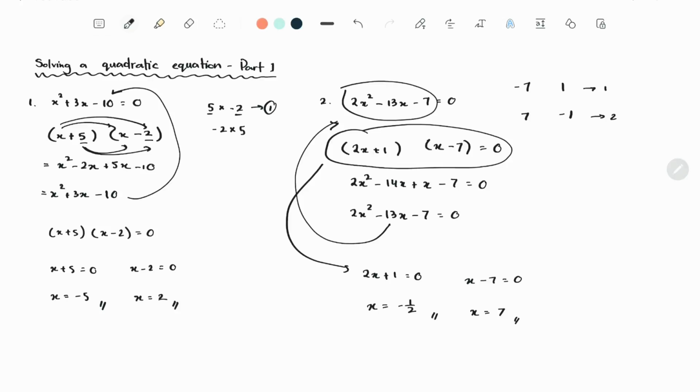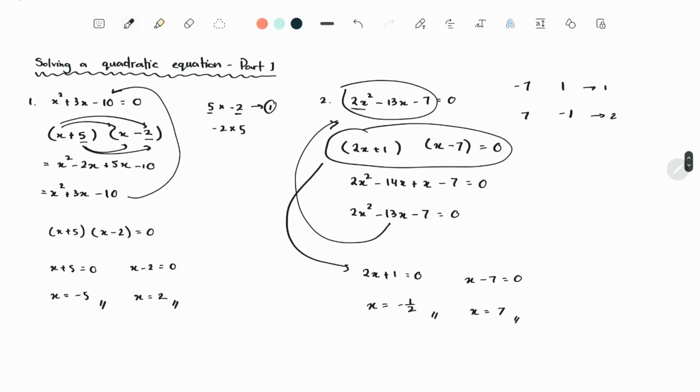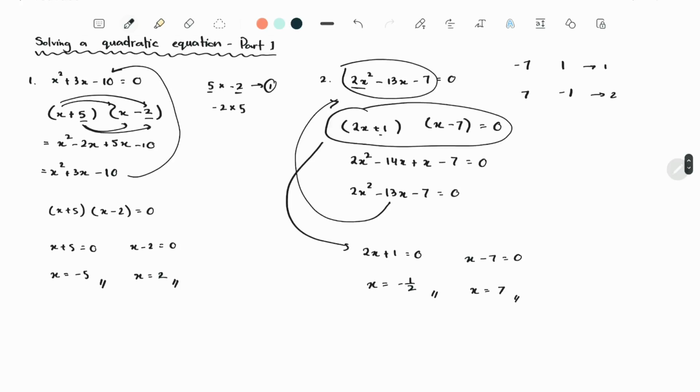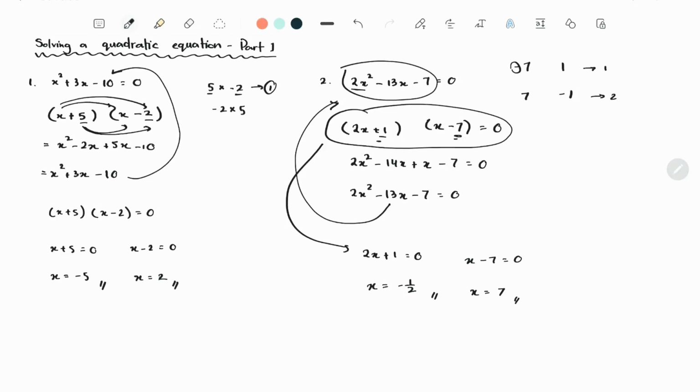Now, when you're factorizing a quadratic equation with the coefficient of x squared that is not 1, you need to do some sort of trial and error with the positions of these two numbers and the signs of these two numbers. So I could have put minus 7 here and plus 1 over here, but that wouldn't give me the same answer.